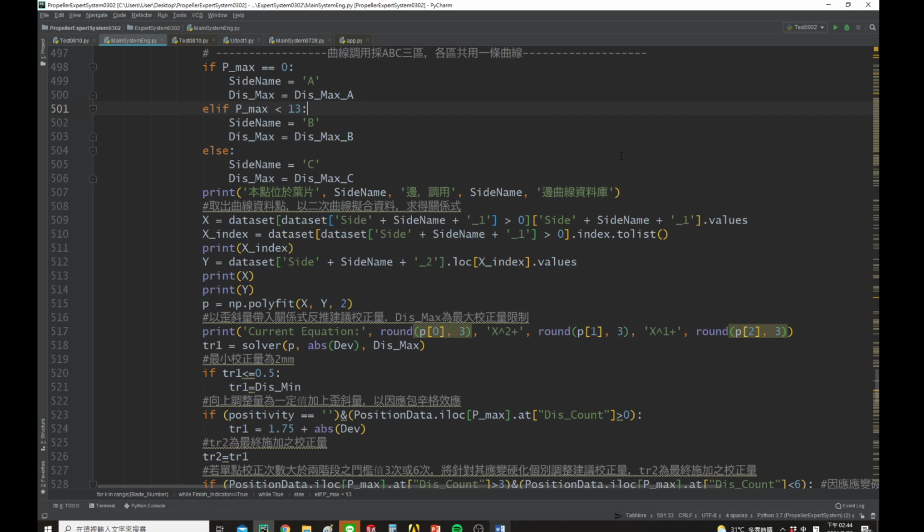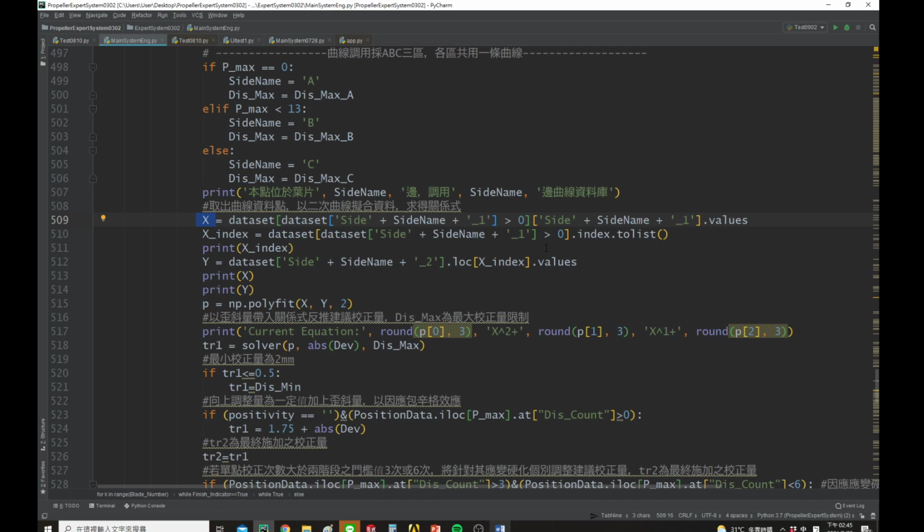So we take out the site A1 values as the x value, and the site A2 values as the y value.